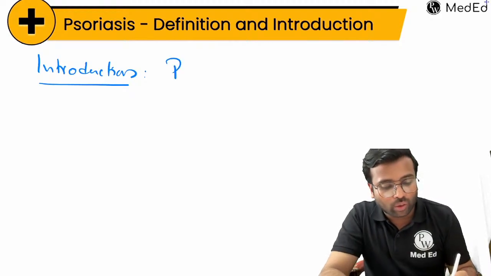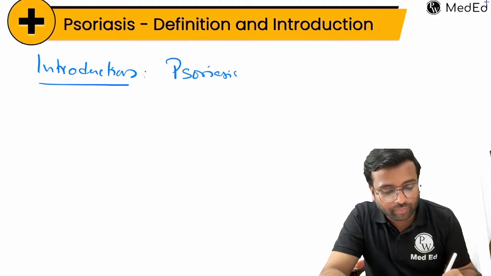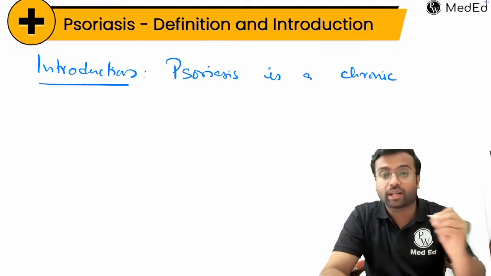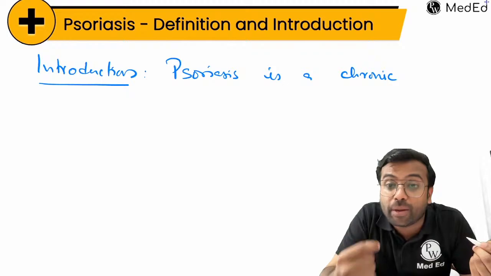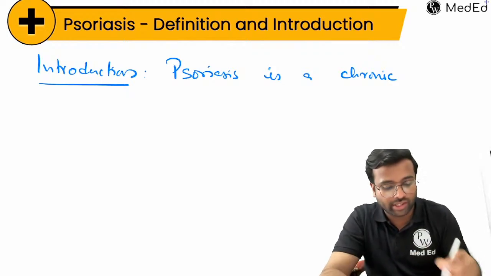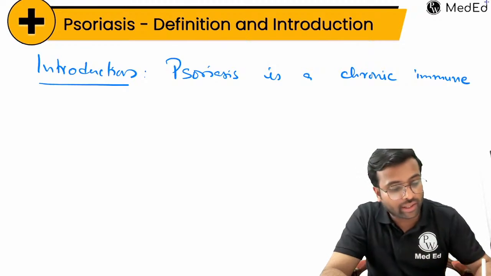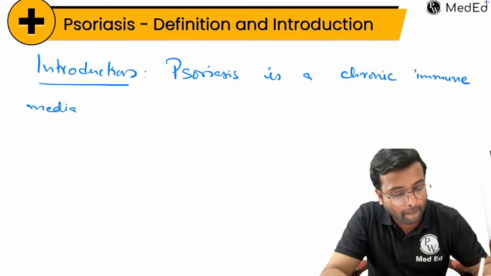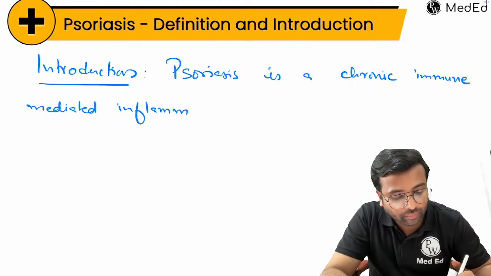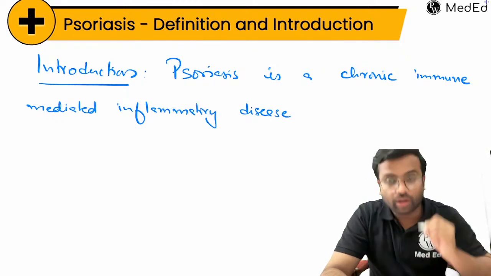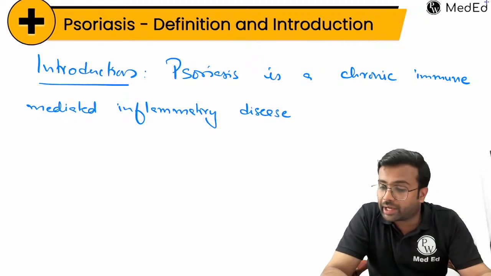So please write down that psoriasis is a chronic, immune mediated inflammatory disease.